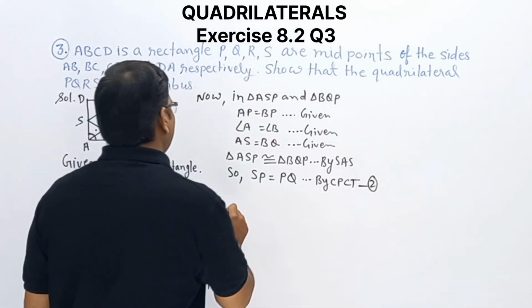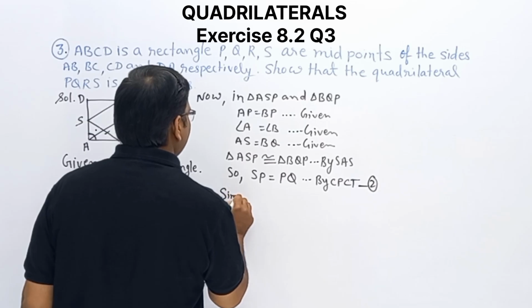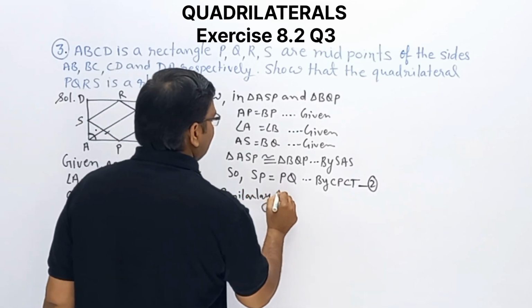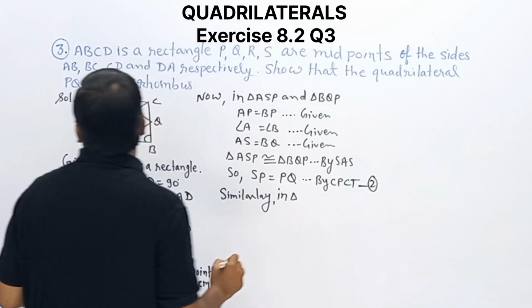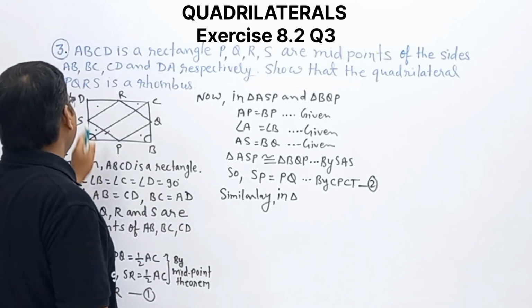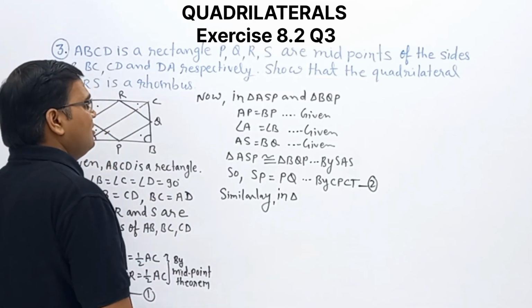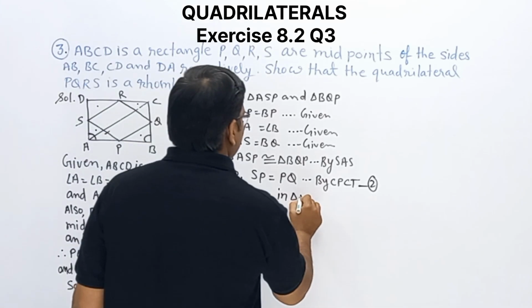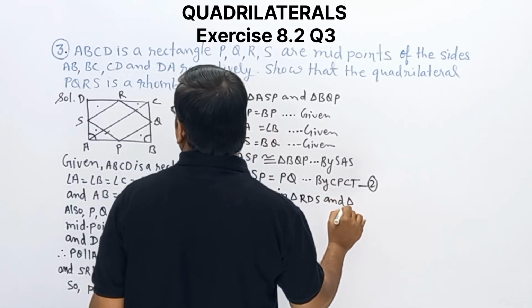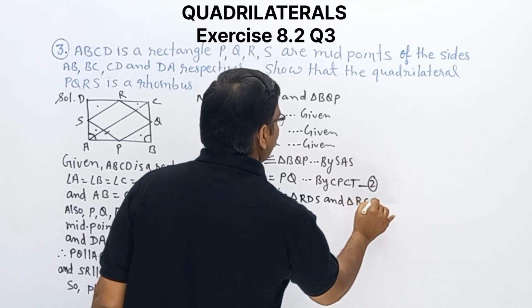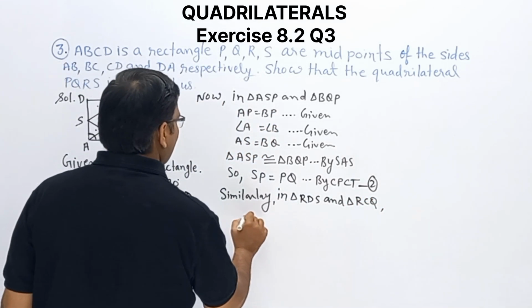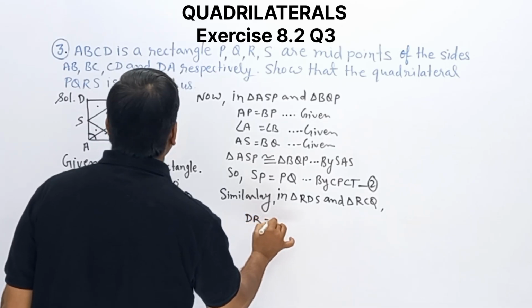Now next one, similarly in triangle RDS and triangle RCQ, in these two triangles, DR equal to RC.